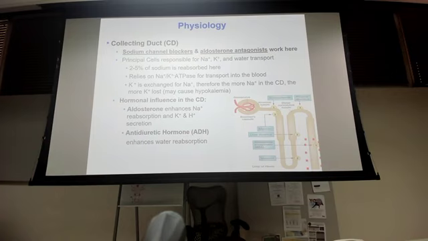So we already know this, right? Because we've talked about the RAAS system. Anything that's going to mess with my aldosterone, whether the release or the blocking of my aldosterone, is going to do what to potassium? It's going up. Going up in your blood, right? Not in your urine. So anything that affects aldosterone, which is, oh, by the way, everything in the RAAS system, is going to cause hyperkalemia.